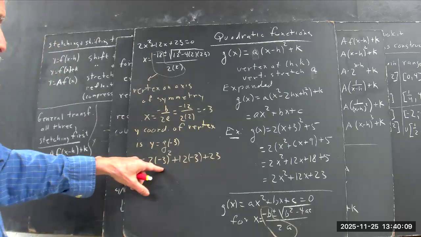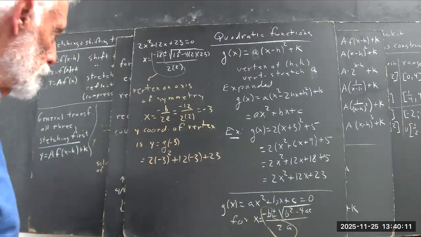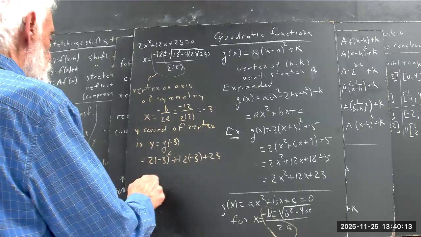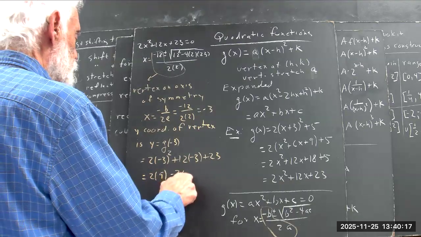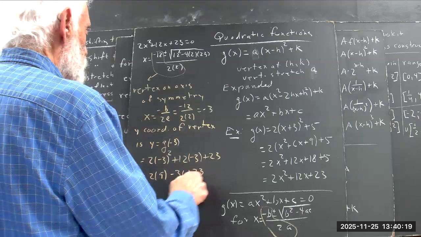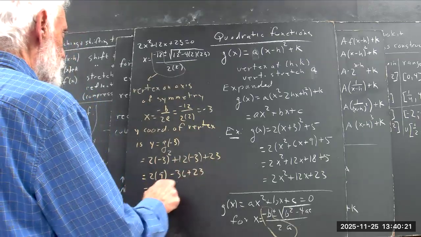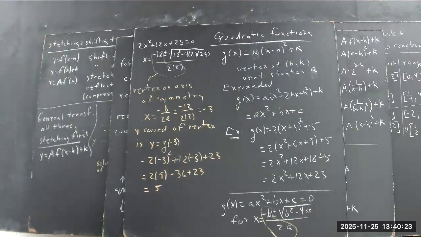We get 2 times (-3) squared plus 12 times -3 plus 23, which equals 2 times 9 minus 36 plus 23, which equals 5.